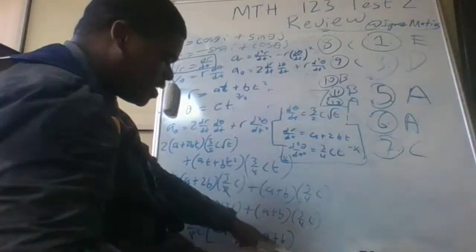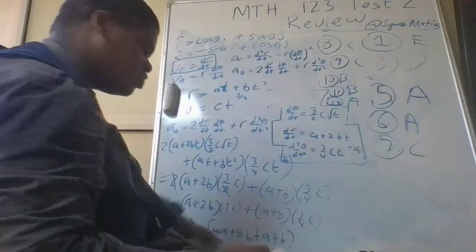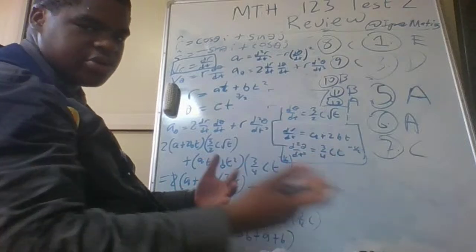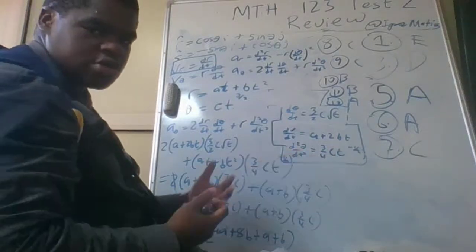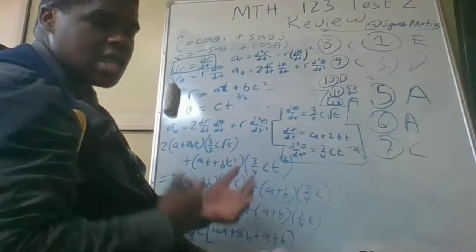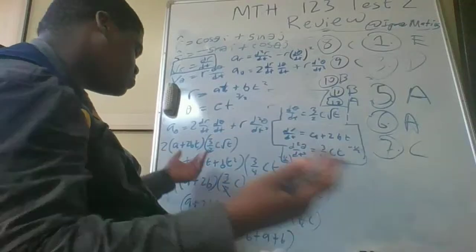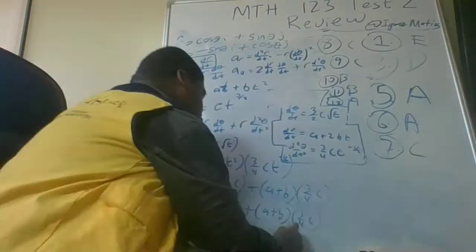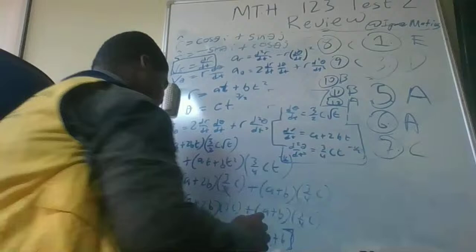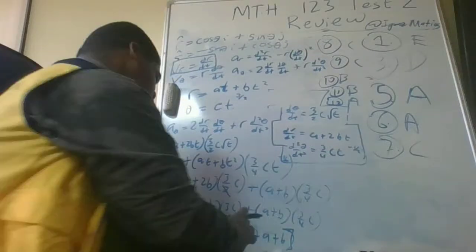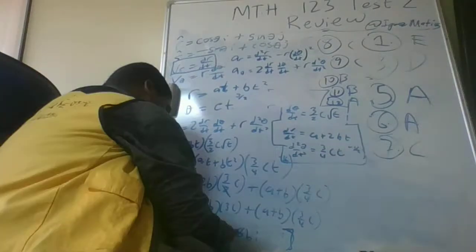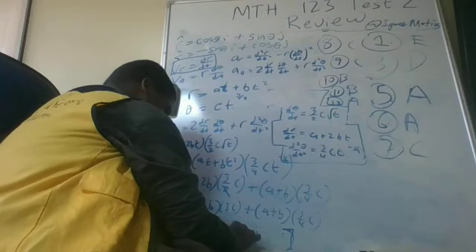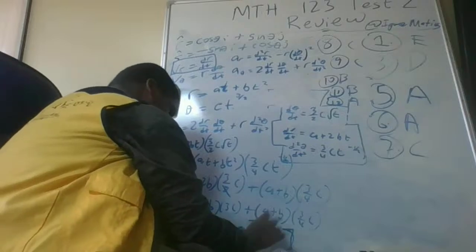The reason why here I'm not multiplying anything is because it's already 3 over 4c, so that's just a plus b. So you have 4a plus 8b plus a plus b, that will simplify to 5a plus 9b.